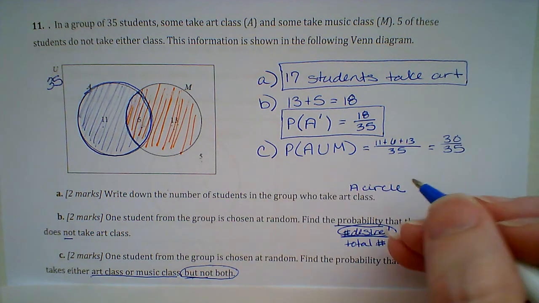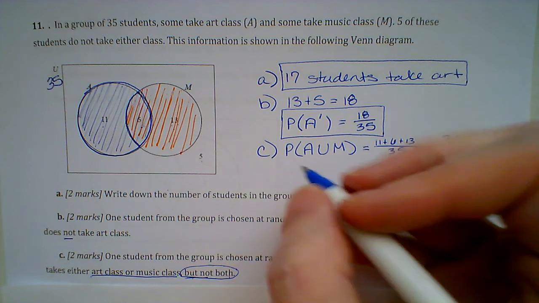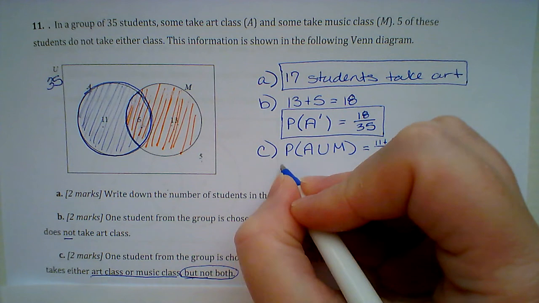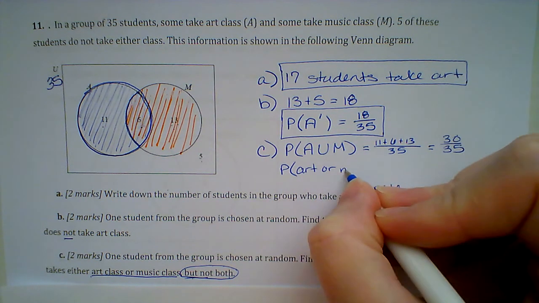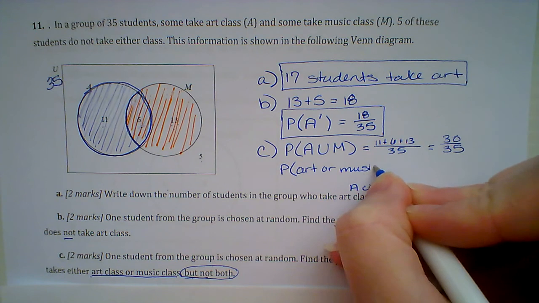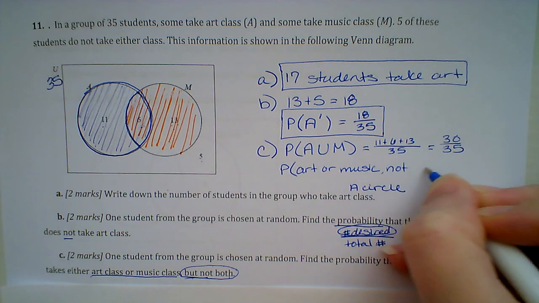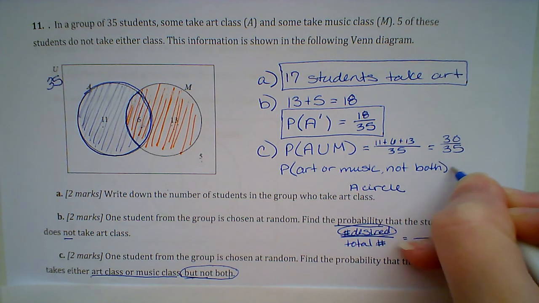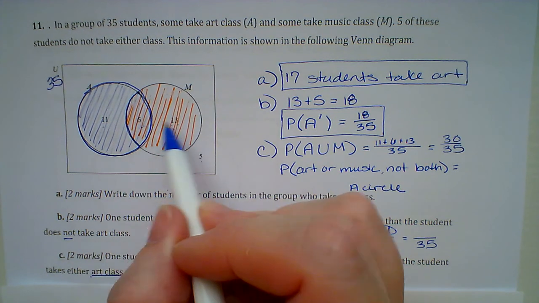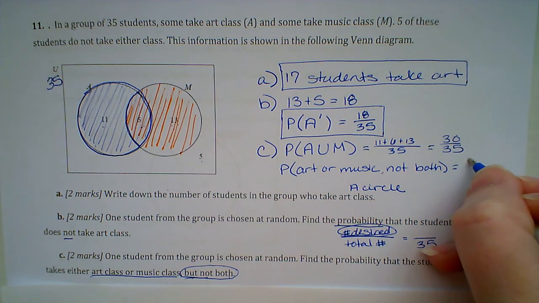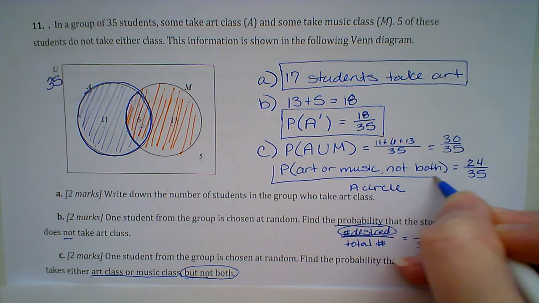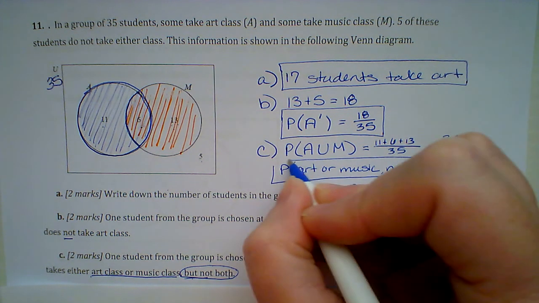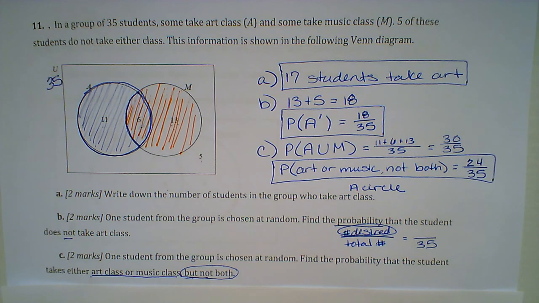So as it turns out, the probability that I actually want, the probability of art or music, not both, is going to be the 11 plus the 13. So that's going to give me 24 out of the 35, and that is going to be my answer for part C.